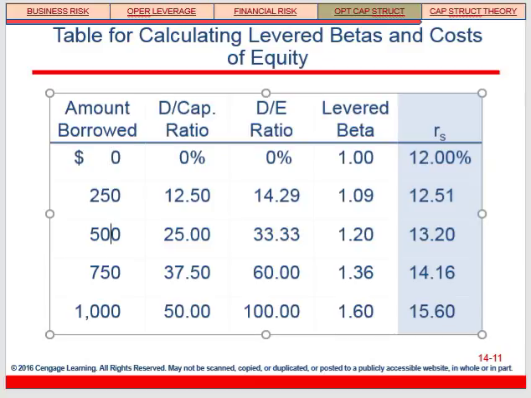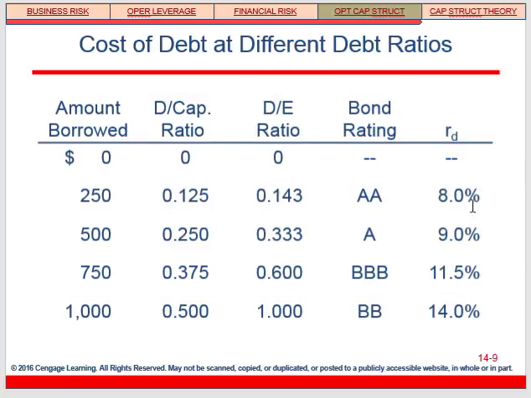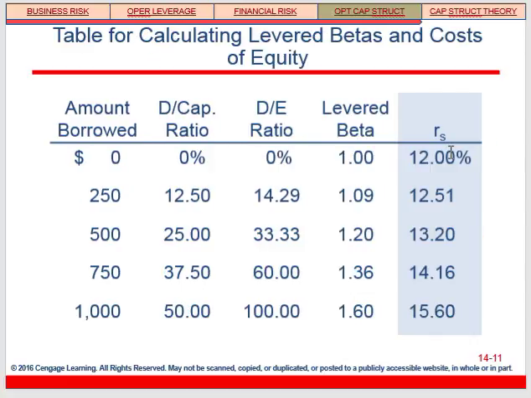There is a whole Hamada equation that you can go through, but the gist of this is, as you borrow more debt, the market will demand more return on the equity as well. So not only is the market demanding more return on your debt, but the market is also demanding more on your equity as well.